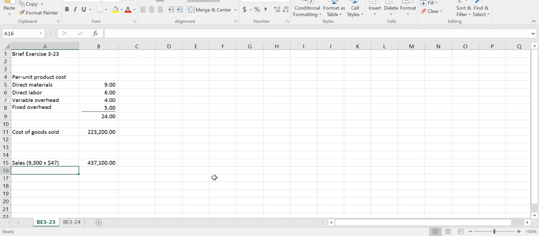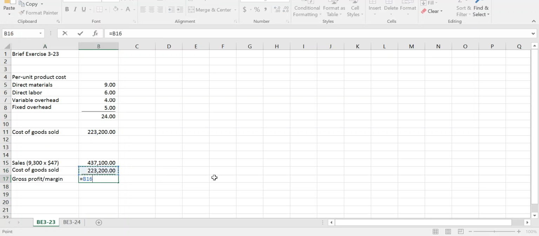So we had revenue of $437,100. We also have cost of goods sold. We just calculated that number right here. So we subtract the two to get our gross profit or gross margin.